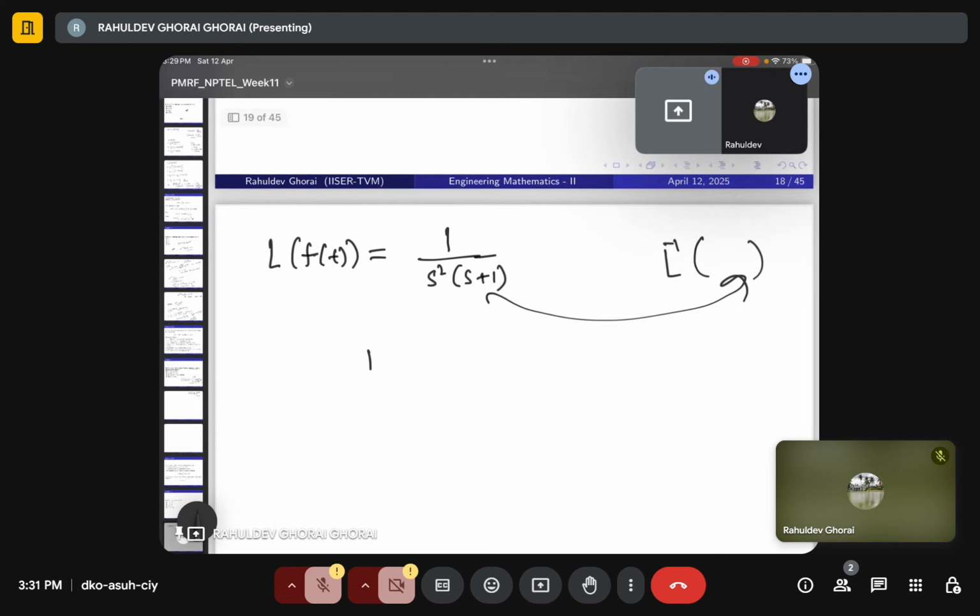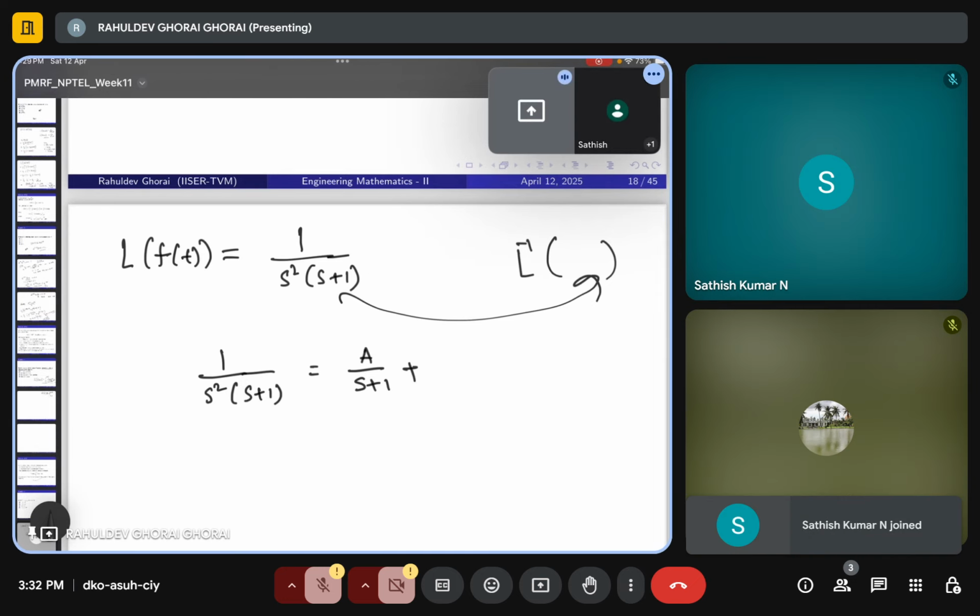What you do, we write 1 over s squared times s plus 1 as a over s plus 1 plus bs plus c over s square.